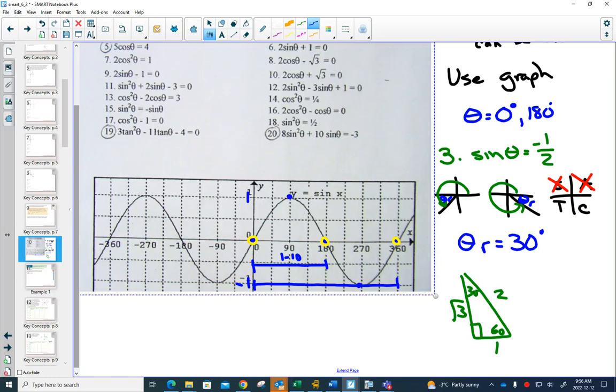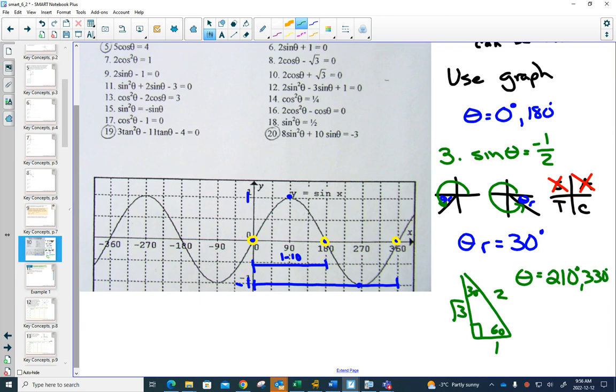Then your answers for this one in quadrant 3, the angle theta, I'll switch to green. My green angle theta in quadrant 3 would be 180 plus 30 degrees, 210 degrees. And in quadrant 4, it would be 360 minus 30 degrees, 330 degrees.